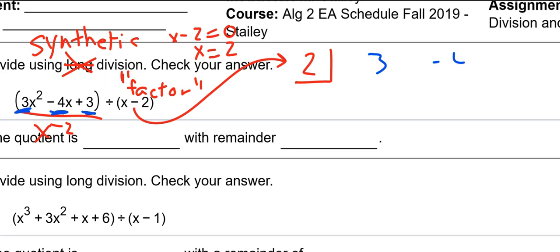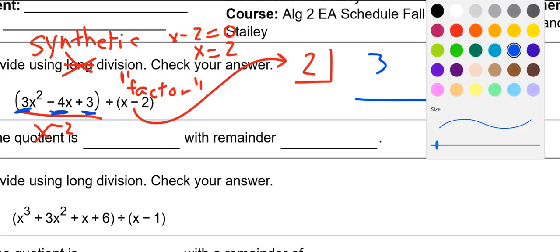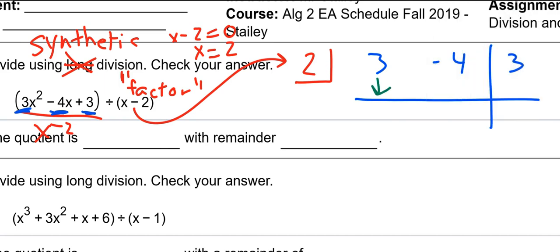There are no missing terms, so I don't have to put a 0 in for anything. Remember how we separated off the last column and left space for our row. Always carry that first one down below the line. And then we go through that process of multiplying and adding.